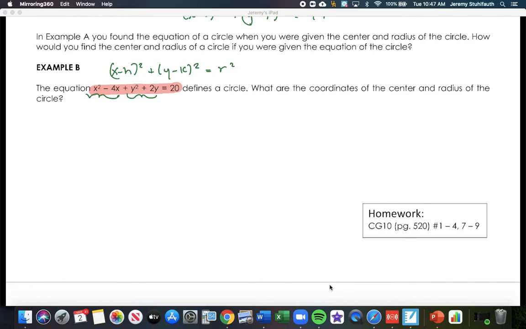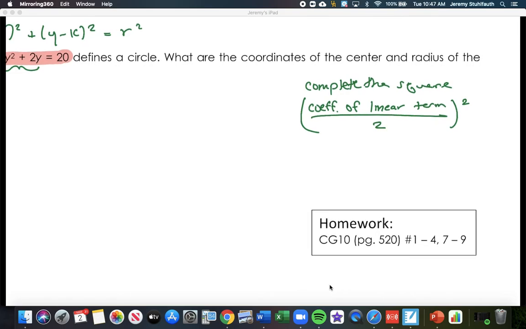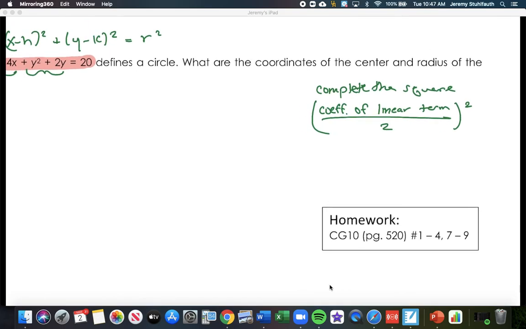So again, remember to complete the square: you take the coefficient of the linear term, divide by 2, and then square it. And when you complete the square, you have to add whatever this number is to both sides.